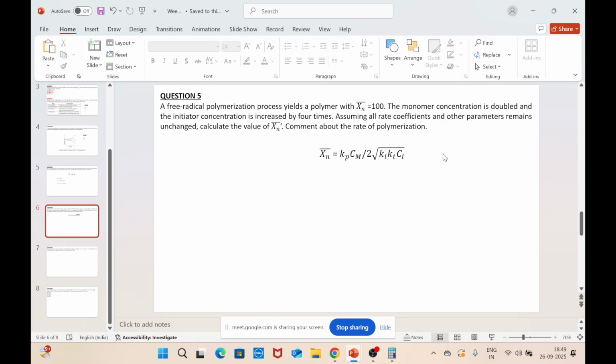Based on this, I think now you might be able to comment. Again, all the other rate coefficients and parameters are going to remain unchanged. They are going to remain the same.